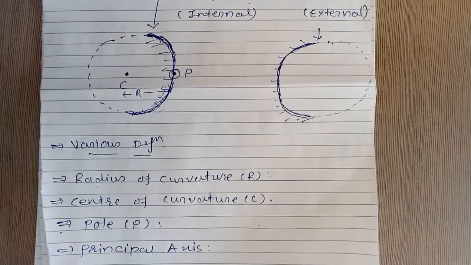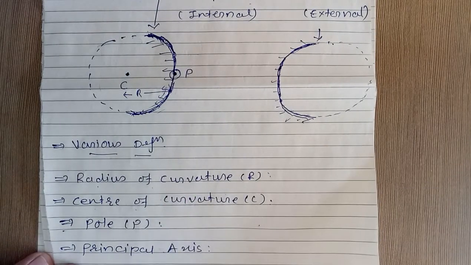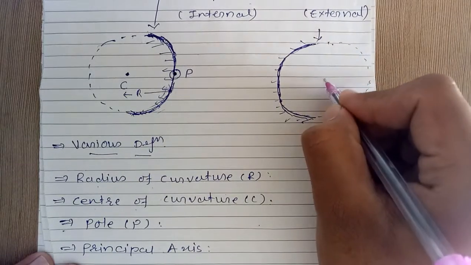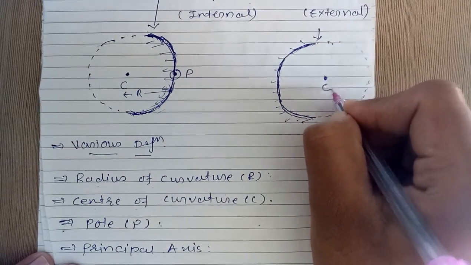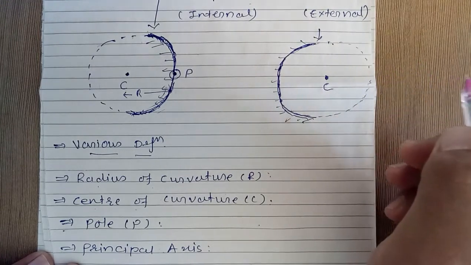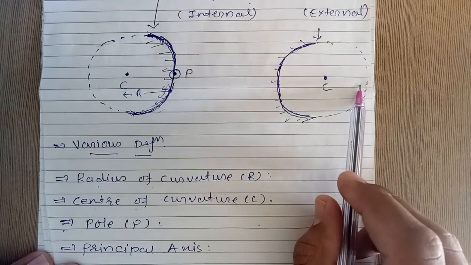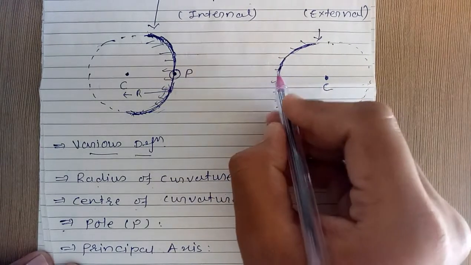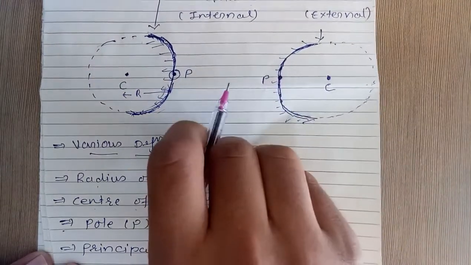We can also define this for the convex mirror. Here this is the center, which we denote by capital C. This is the radius, which we denote by capital R. This is the pole, the center of our reflecting surface.